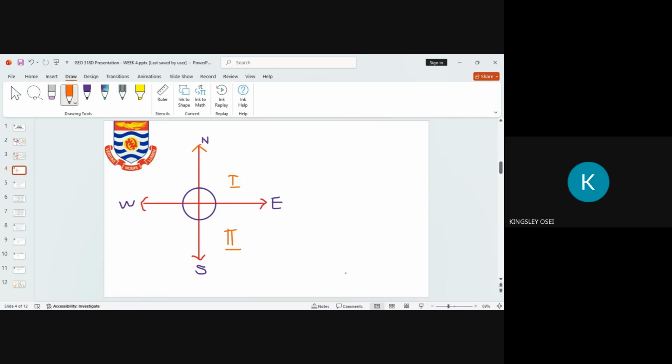So in this first quadrant, the angle here is 90 degrees. The angle here is another 90. The angle here is 90. And the angle here is 90. So irrespective of the quadrant that you belong to, the angle involved in the measurement cannot go beyond 90.